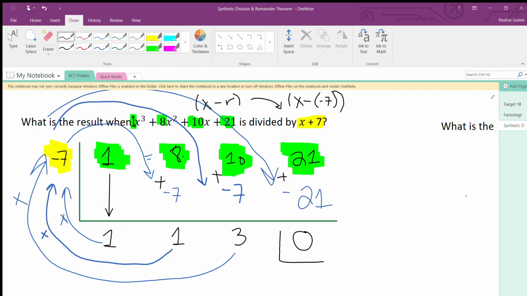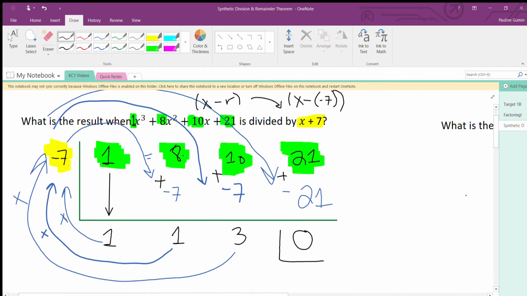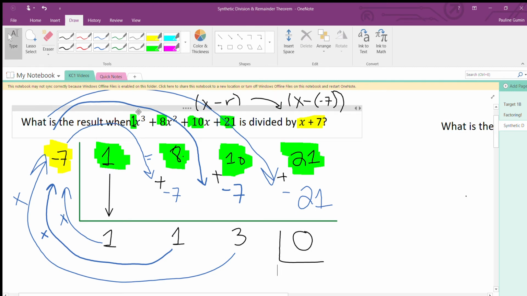We are almost done. We need to write down the answer. This is how we're going to do it. I am going to take the 1 power smaller, and I'm going to write it down here.